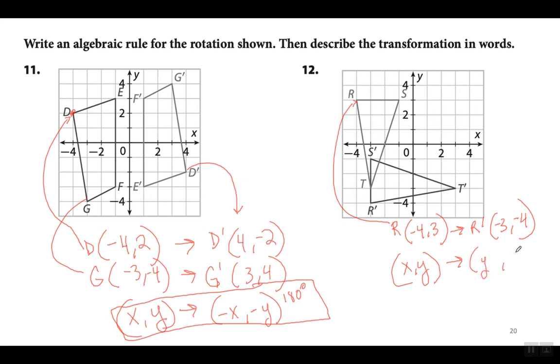When you put the 3 in the front, it's changing to the opposite sign, and when you put the x in the back, it's staying the same sign. Because I have my rules memorized, that's a 90-degree rotation. Remember, at 90 degrees, they switch spots, and the first one changes to the opposite sign.